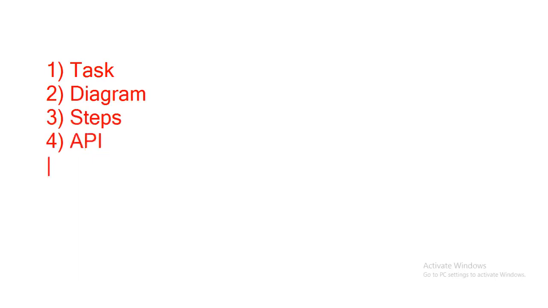Like these four, I'll explain. Task, I'll explain what we are going to do. The task related diagram, I'll explain. For that, what are the steps there? Steps I'll explain. After that, for every step, which method required, that method in which class, that class in which package, that information also I'll teach. These four, you have to listen with more concentration.